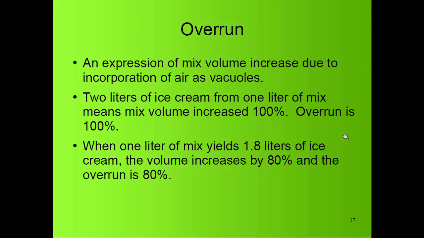And the volume increased. So if it's 100% overrun, then we get 2 liters of ice cream from 1 liter of the mix. When 1 liter of mix yields 1.8 liters of ice cream, then the volume increases by 80% and the overrun is 80%.